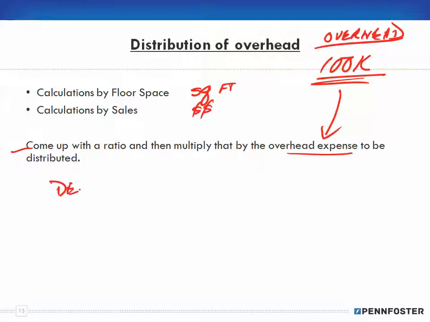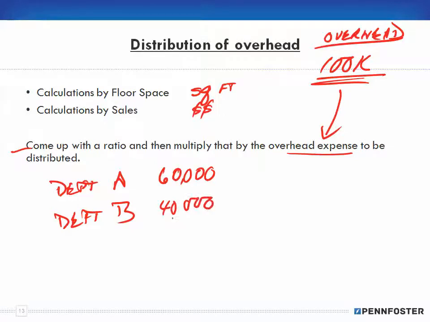And if I have department A and department B, okay, and let's say the square footage for department A is 60,000 square feet, and department B is 40,000 square feet. And I know these numbers are relatively easy to just do the math as I'm talking, okay?